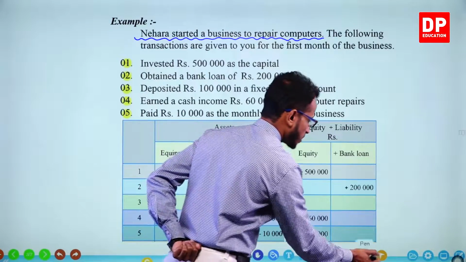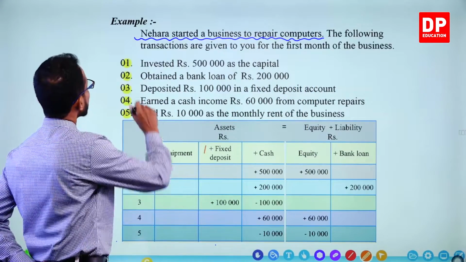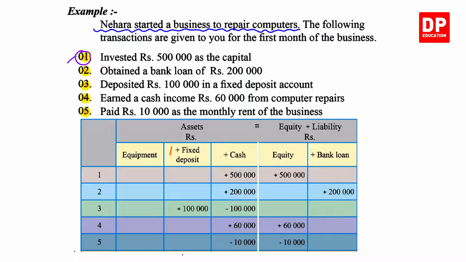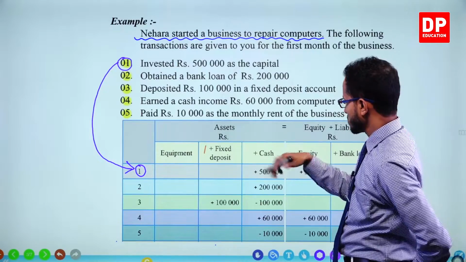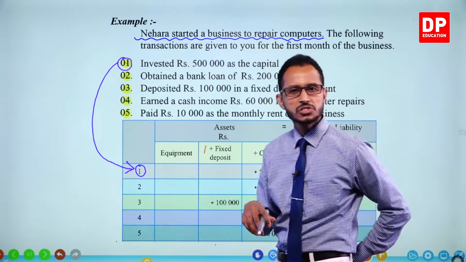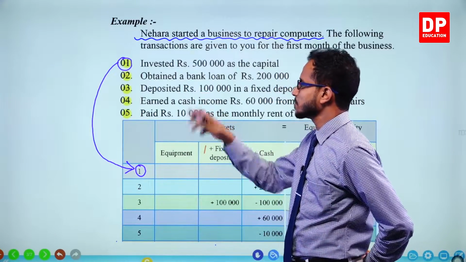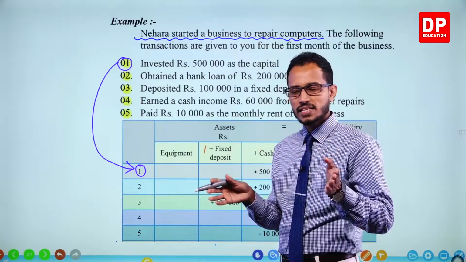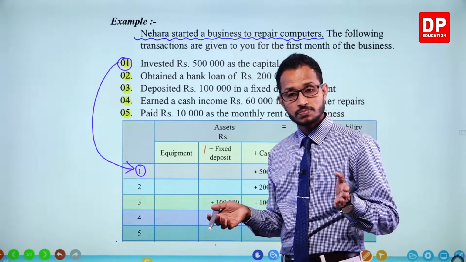First transaction, we are getting it on the board right now. First transaction comes here. And do you notice how this table is arranged? You will also get a similar question in your monthly test papers, in your term test papers, maybe in the exam paper too.